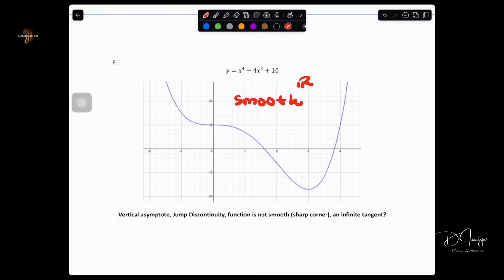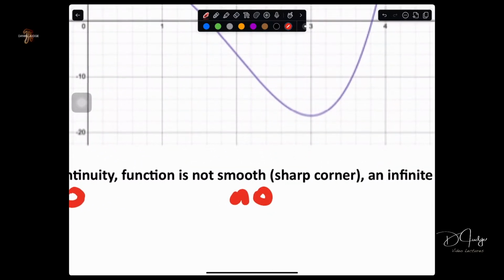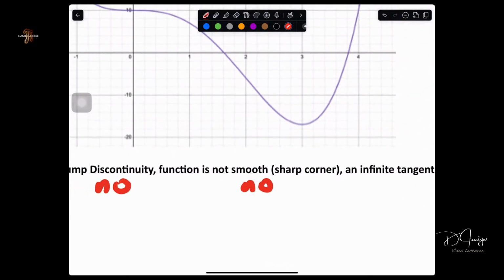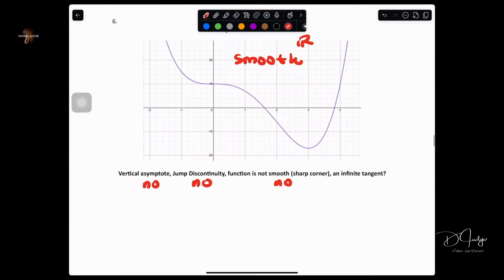Nice rolling hills. There's no vertical asymptotes. There's no jump discontinuities. There's no sharp corners. Locations where it is not smooth, sharp corners, this answer is no. And there's no infinite tangents, meaning the curve is never vertical, up and down.